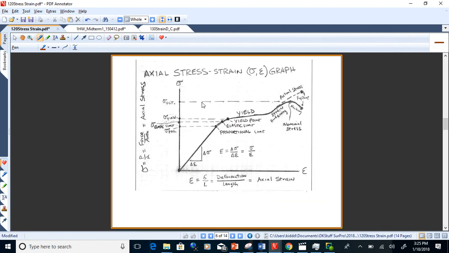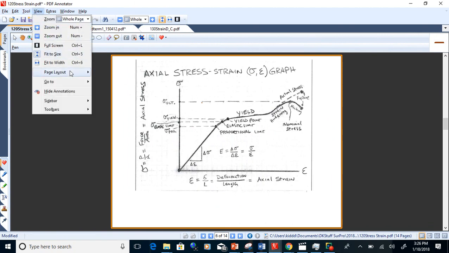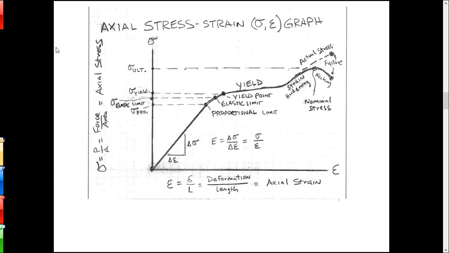All right, so this gets you an idea graphically of what occurs with that sample as it's being torn apart. Initially, there's a linear portion of the graph.